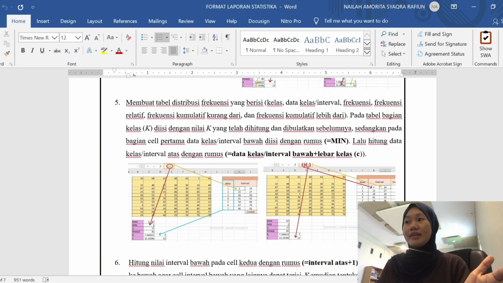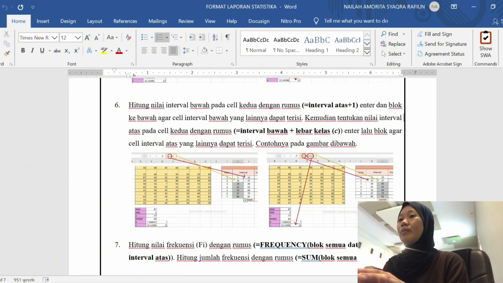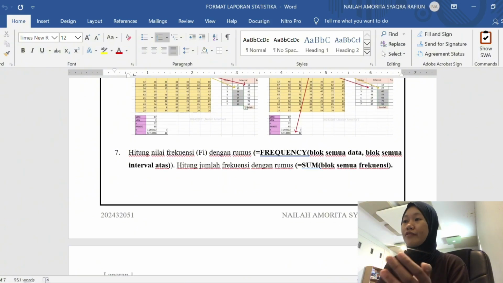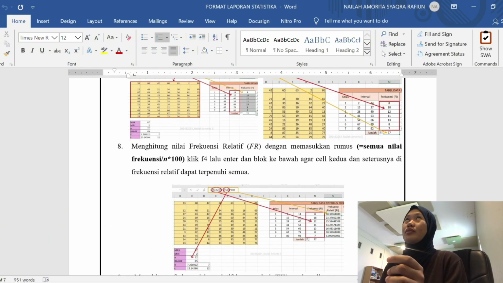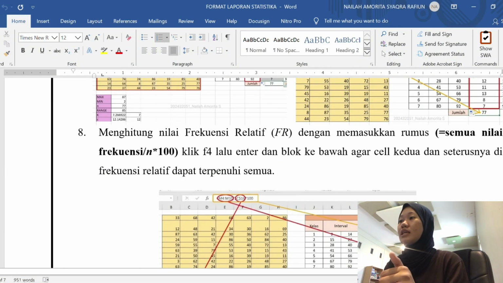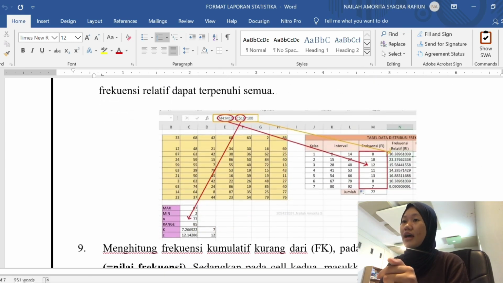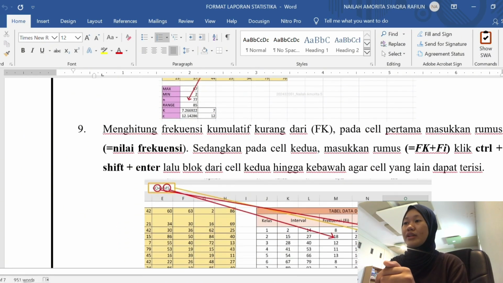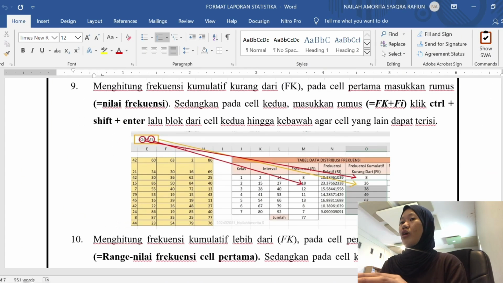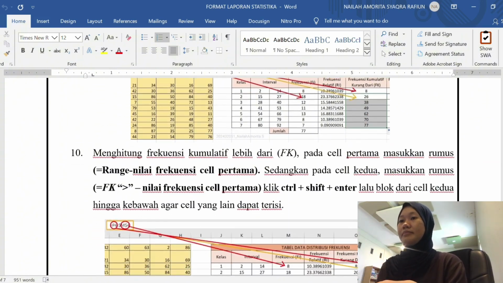And after that, determine the interval value of the data as shown in the figure. After that, we can calculate frequency values including relative frequency, cumulative frequency less than, and cumulative frequency more than, as in the result of my practicum report.